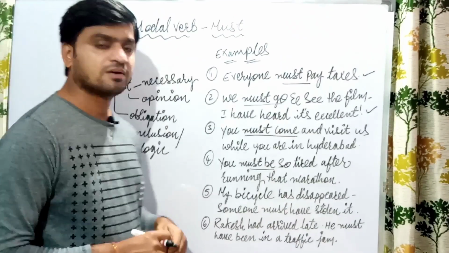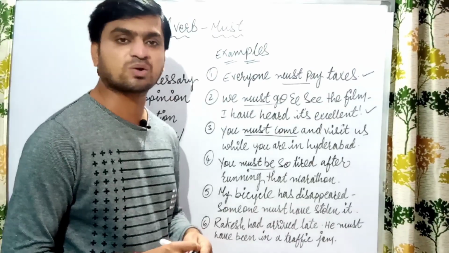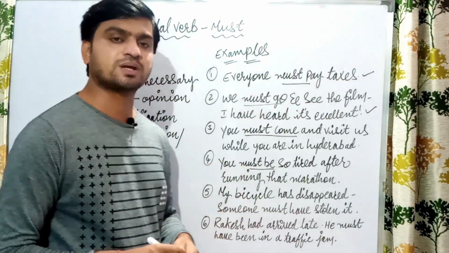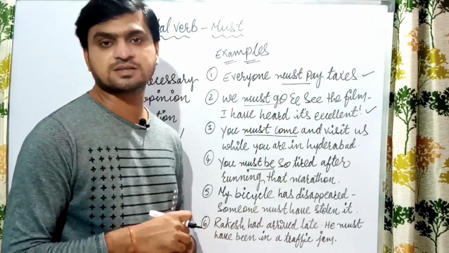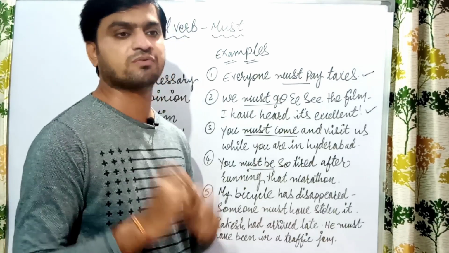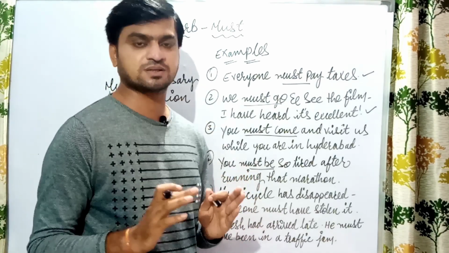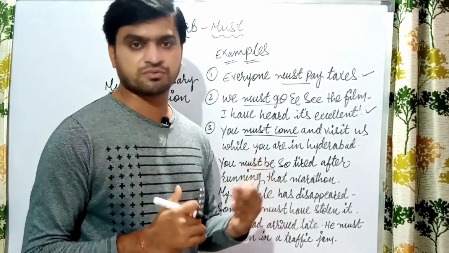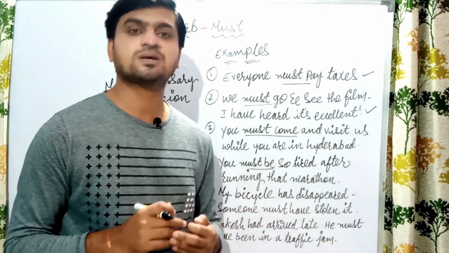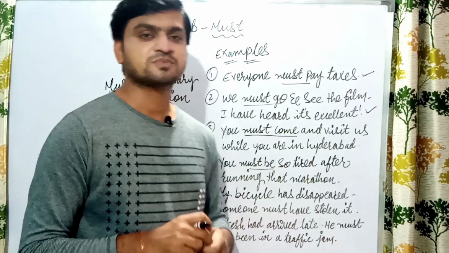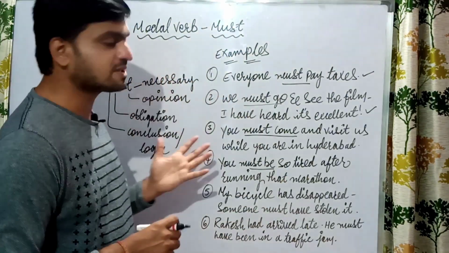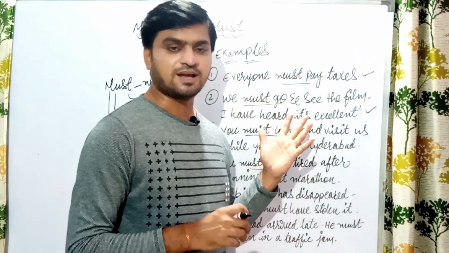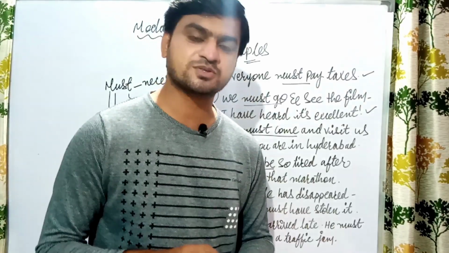And next, the fourth one is logical conclusion. Logical conclusion means not true, not false, but overall you have one idea about the situation and you are delivering your words. If it is there, we call it a logical conclusion. So this is all about must and its usage, and I hope everybody understood our topic.